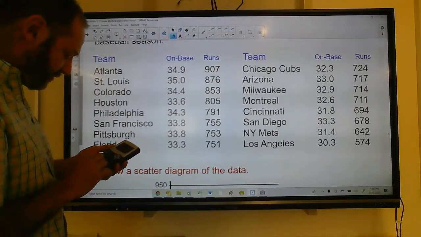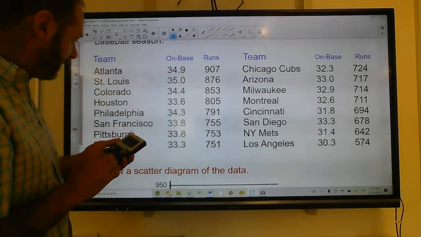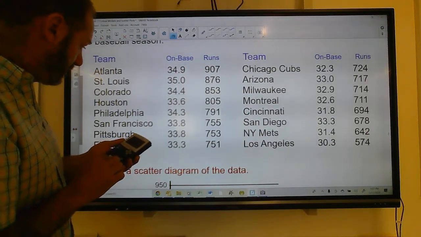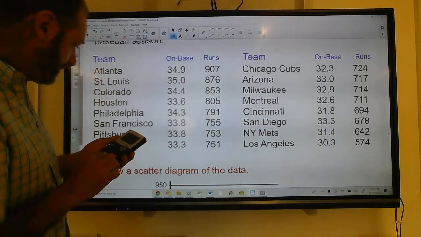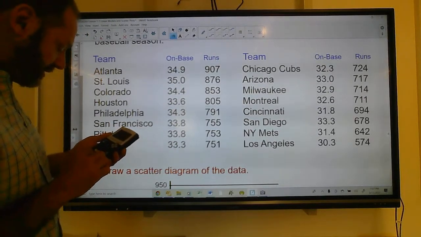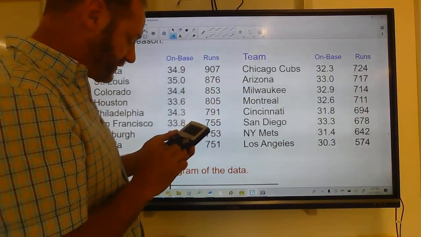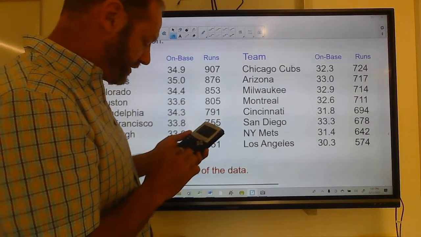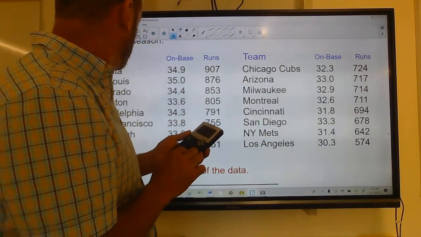Okay, so 34.9, enter, 35, enter, 34.4, enter, 33.6, enter, 34.3, 33.8, another 33.8, 33.3, 32.3, 33, 32.9, 32.6, 31.8, 33.3, 31.4, and the lowly Dodgers, 30.3.